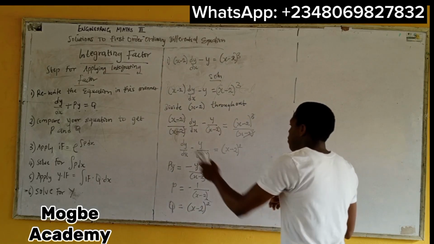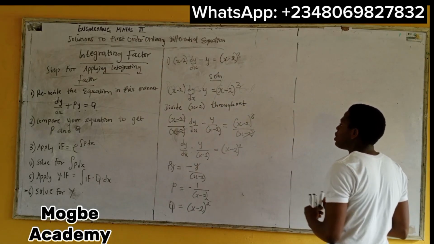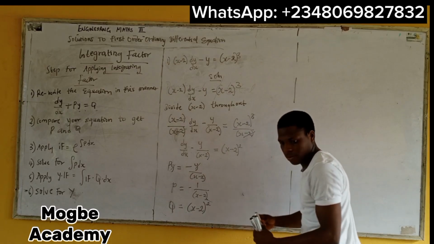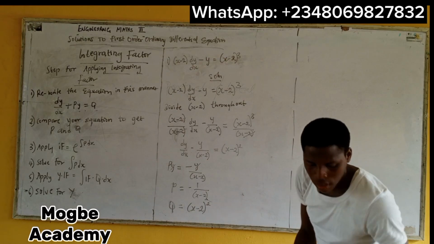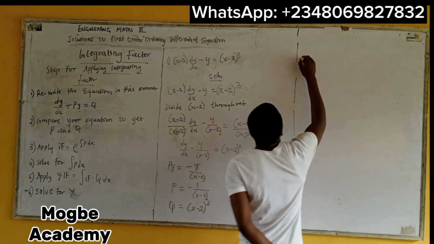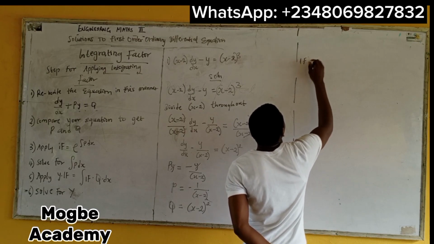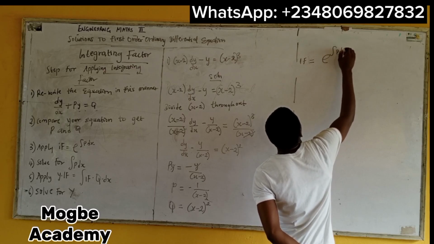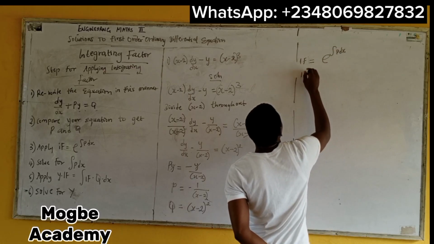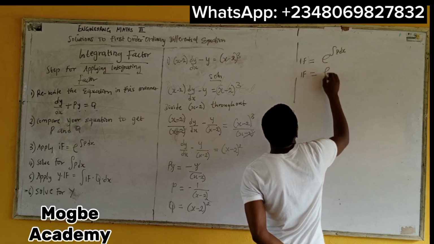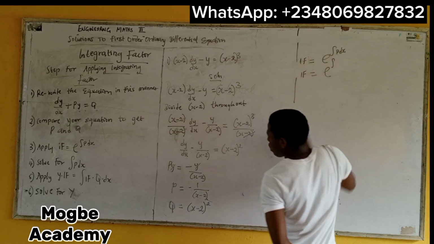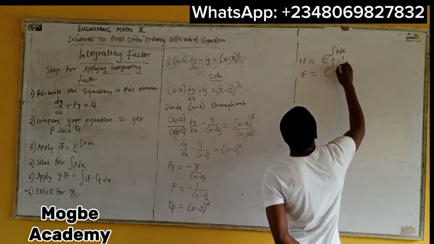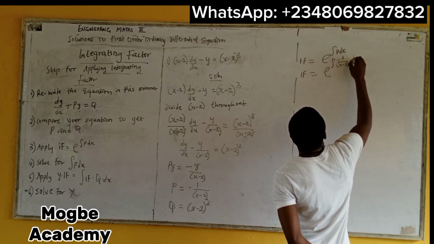Applying that solution to this equation here, we have IF equal to exponential raised to the power of integral of p dx. Now we know our p, so you just put your p there. So exponential integral of what is our p? Our p is minus 1 divided by x minus 2 dx.